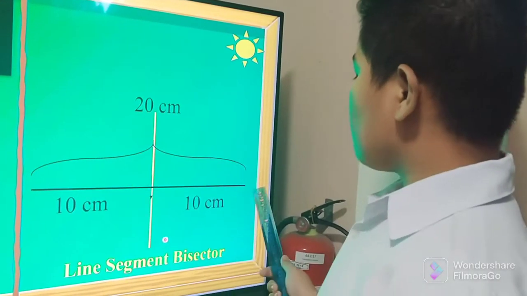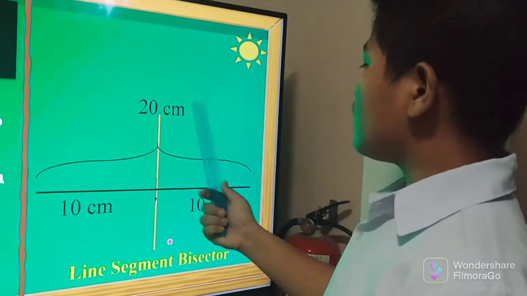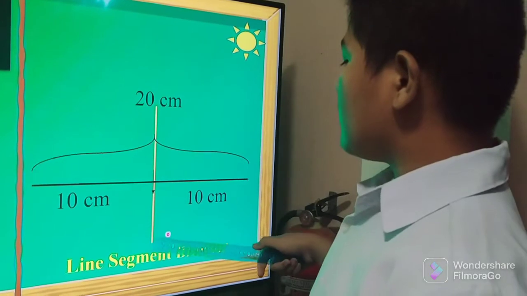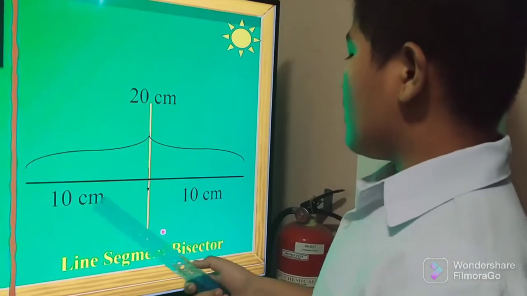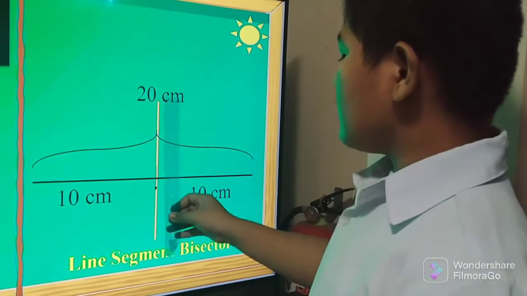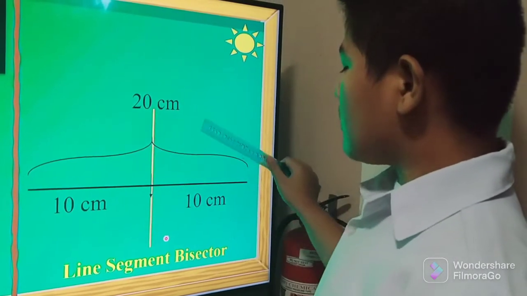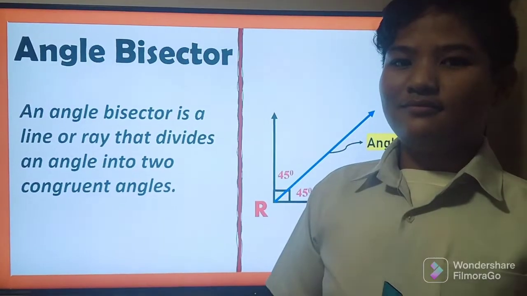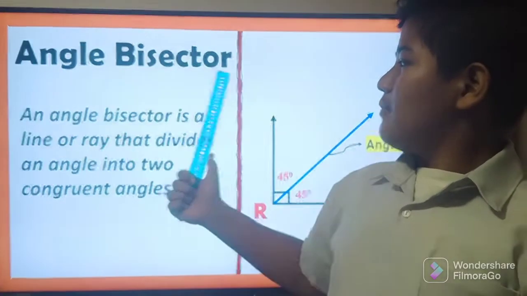This is the line segment and it is equivalent to 20 cm. It is divided into two parts, 10 cm and 10 cm, by a line segment bisector. This is called a line segment bisector. Angle bisector.